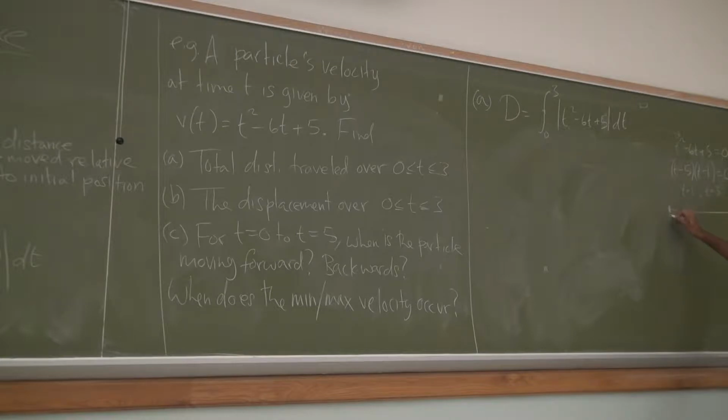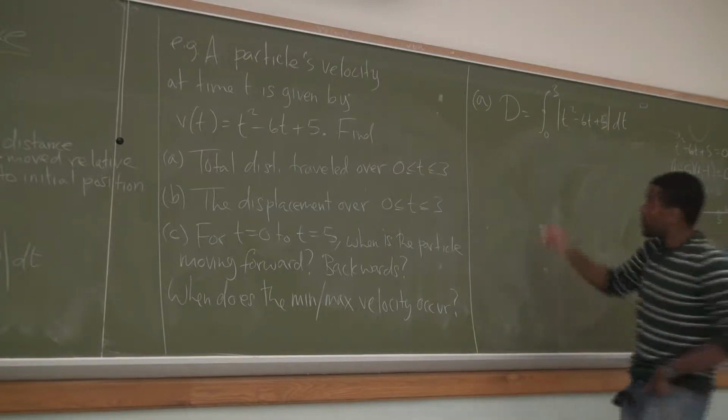So of course time starts at 0, and we have 1 and 5 to worry about. So where is it positive? Well, I know it'll be positive over here, and positive over here, and negative in here, because this is a parabola, it looks like that, right? So it means that on 0 to 1 I'm positive, but on 1 to 5 I'm negative. So I have to break my integral up into 2 parts.